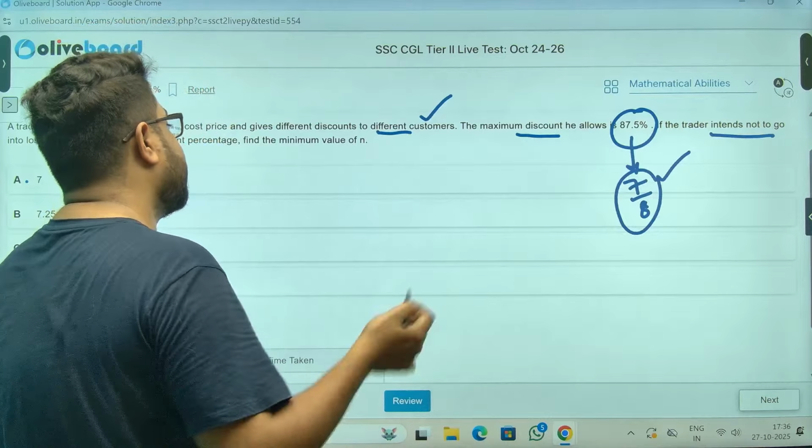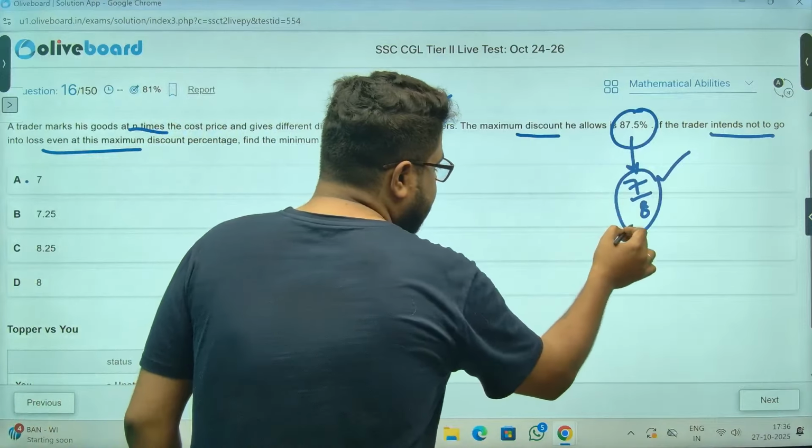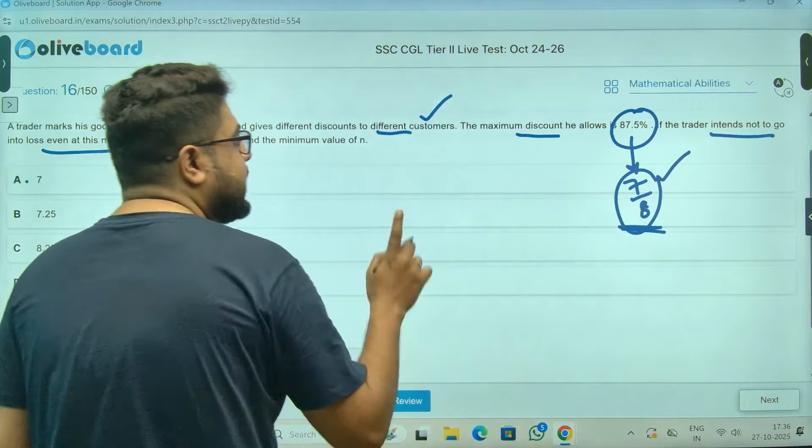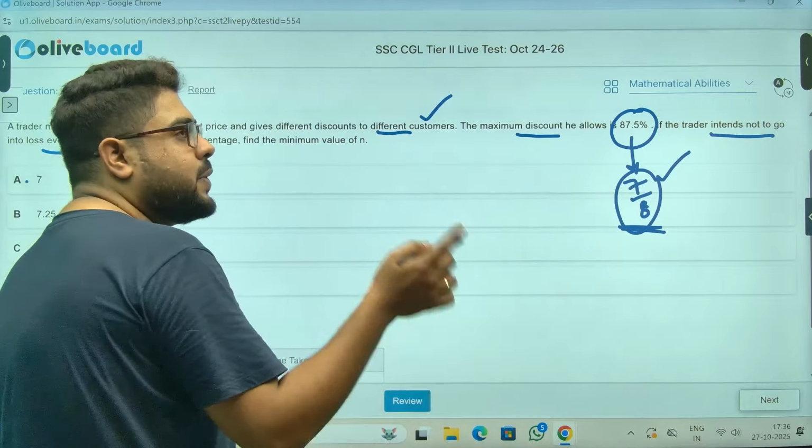So in this case also, he doesn't want to get into loss. That means, first of all, let's figure out the MP to SP ratio at this particular discount. 8 rupees MP, so definitely 7 rupees discount. So SP is 1 rupee.